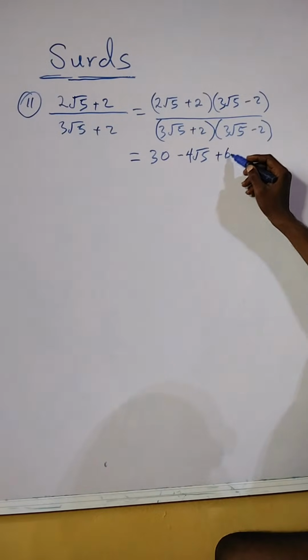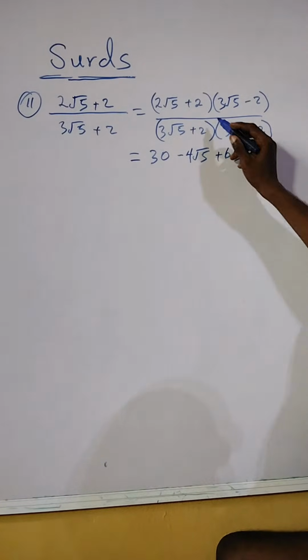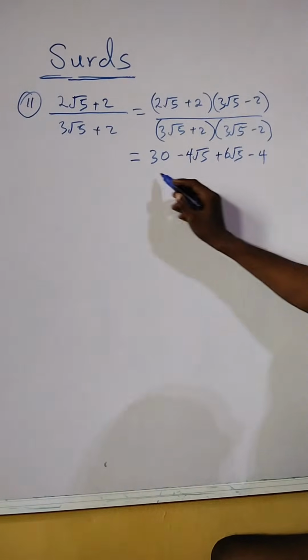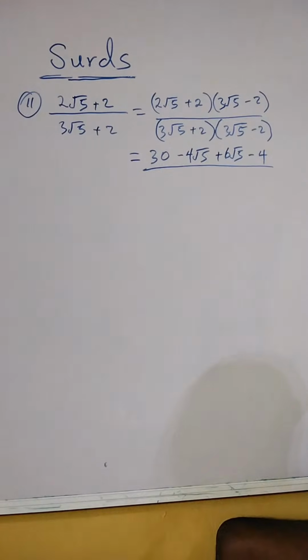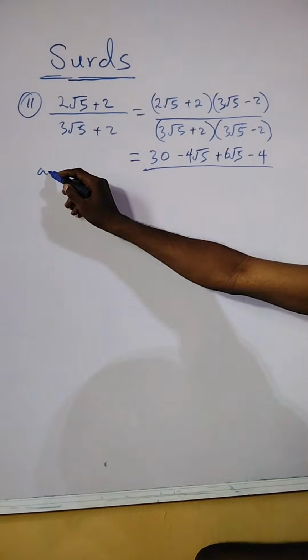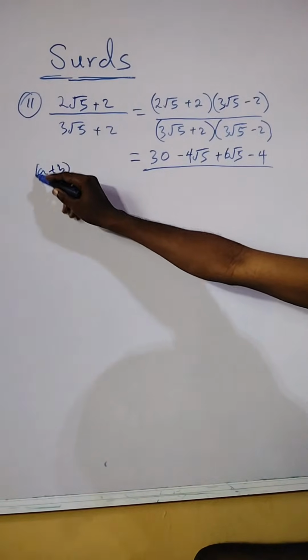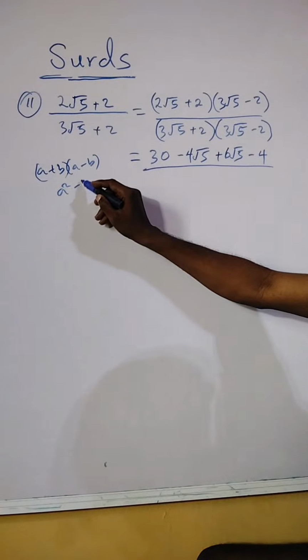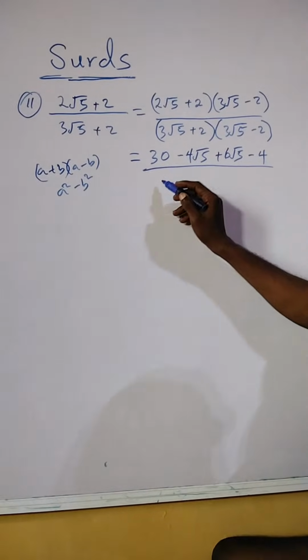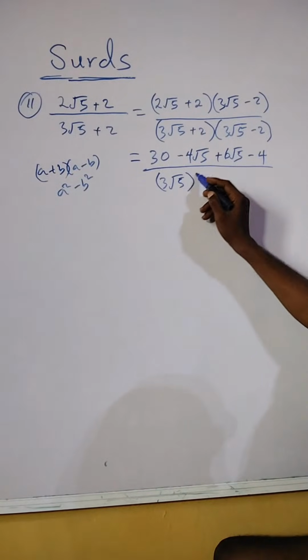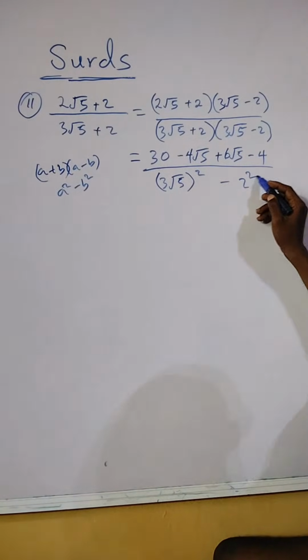So we have plus 6 root 5, then minus 4. Plus times minus gives us minus. So divided by, these are also conjugate surds. When we have (a plus b)(a minus b), this is a square minus b square. Here we have 3 root 5 all squared minus 2 square.